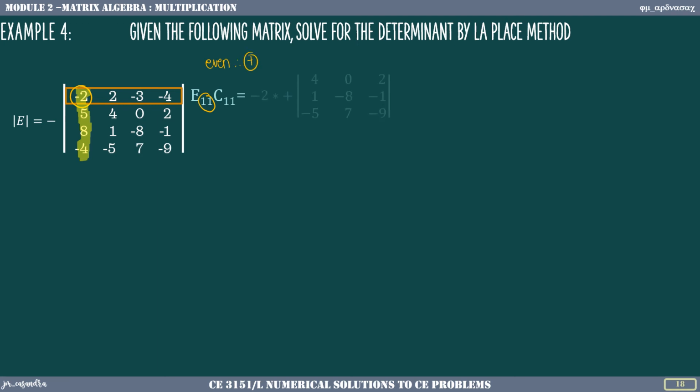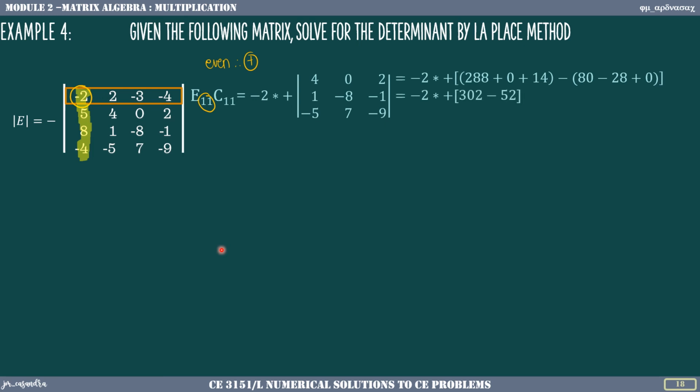So we'll now have negative 2 times positive matrix 4, 0, 2, 1 minus negative 8, negative 1, negative 5, 7, negative 9. So simplifying our equation, we now get the product of element 1, 1 and its cofactor, which is now equal to negative 500.